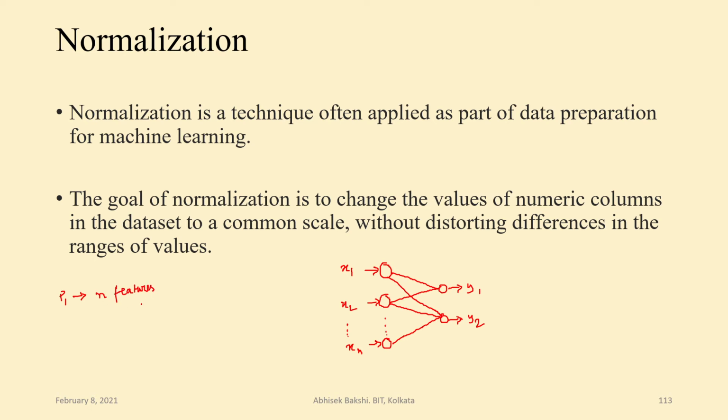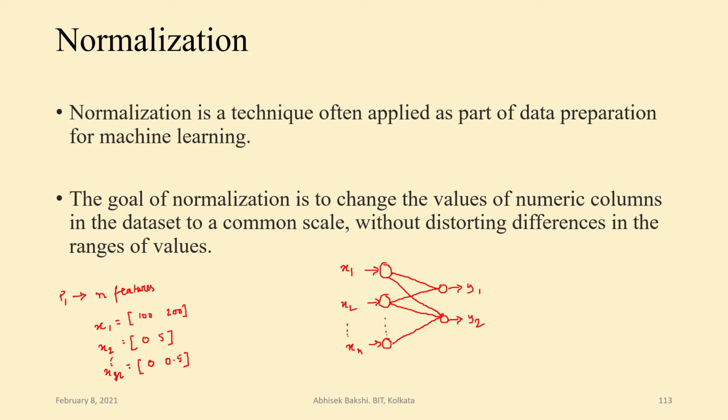So among these n features, suppose this x1 feature value lies between say 100 to 200, x2 feature lies between 0 to 5, and xn feature in this way lies between say 0 to 0.5.